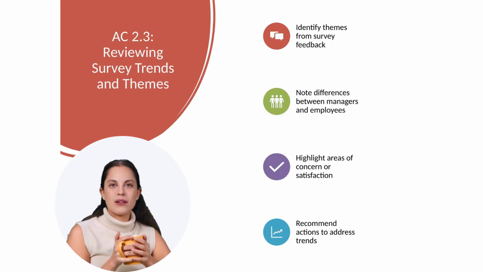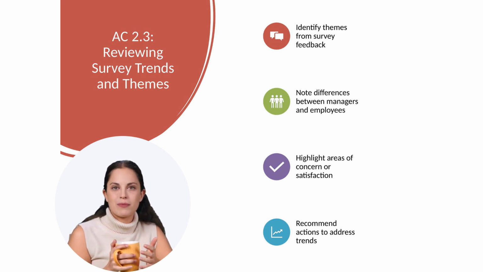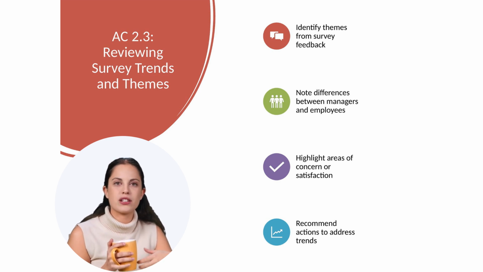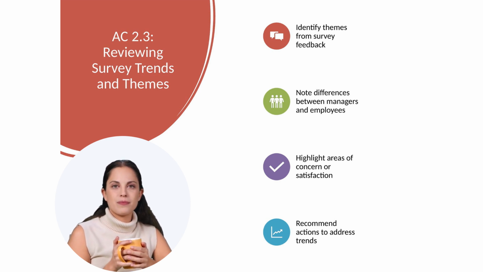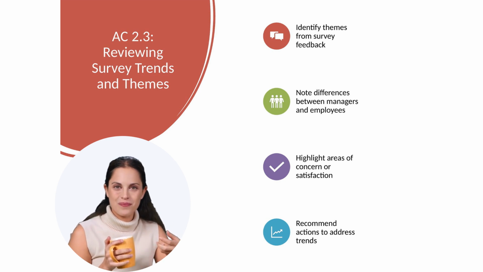For AC 2.3, study Table 2 to identify recurring themes in feedback about performance monitoring. Pay attention to differences between managers and employees, e.g., disagreement on fairness or clarity. Look for patterns like low satisfaction with review frequency or goal setting. Present findings using simple tables or themed summaries.